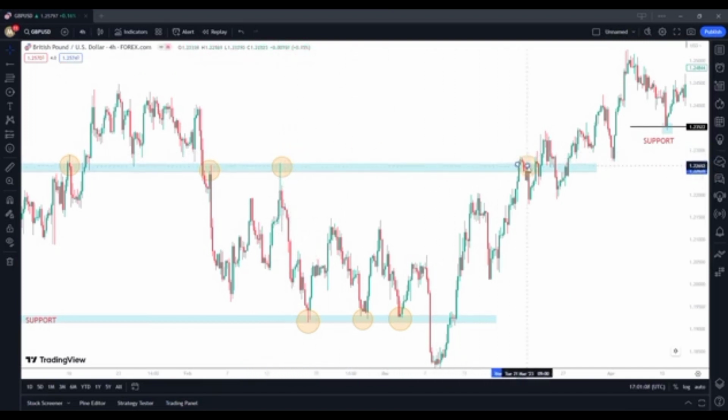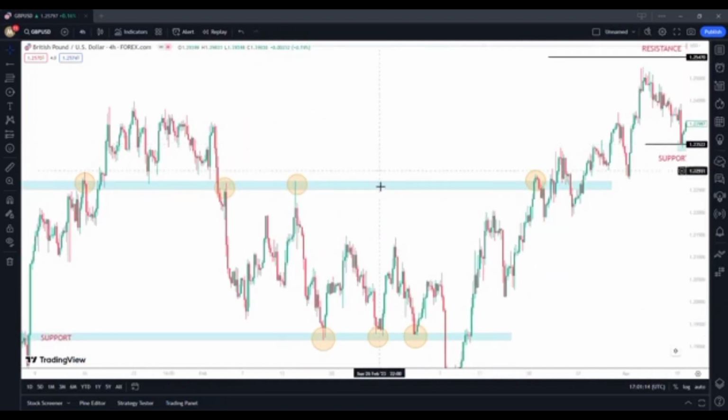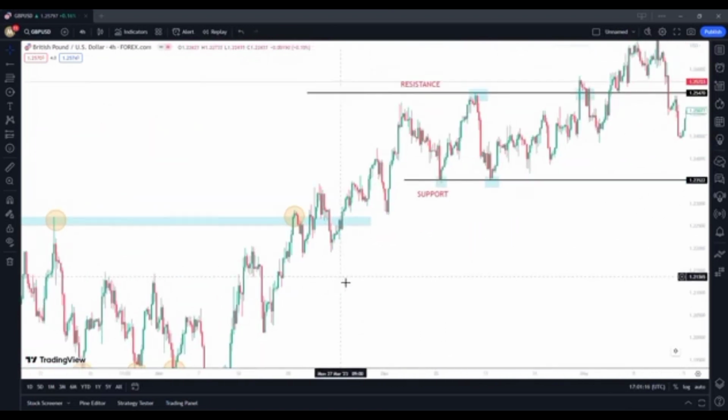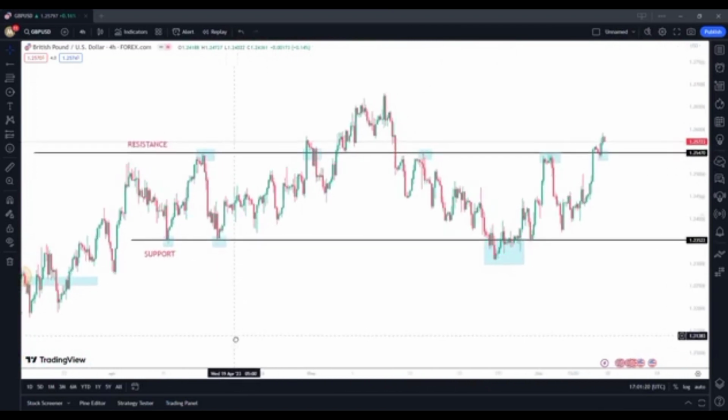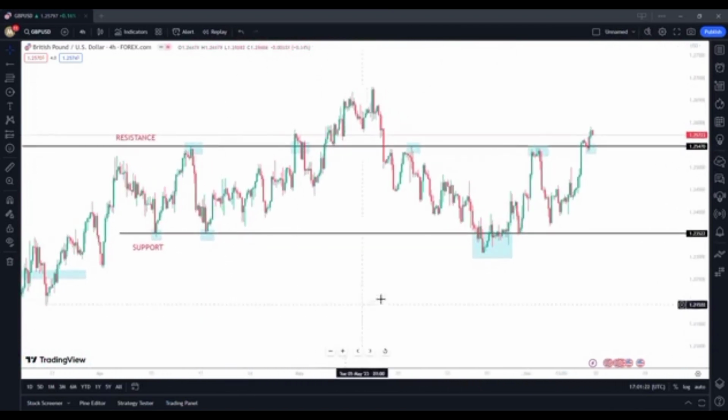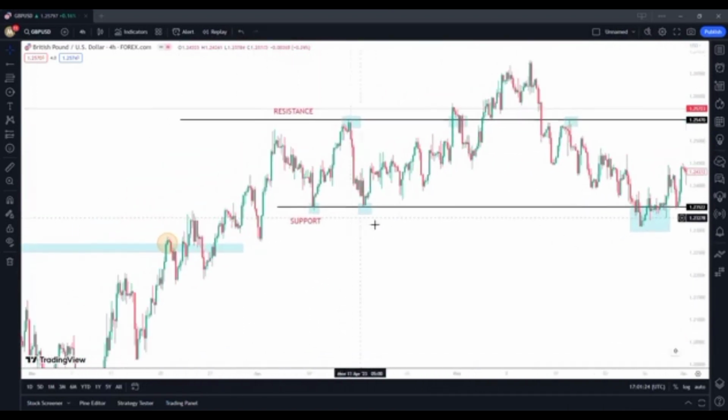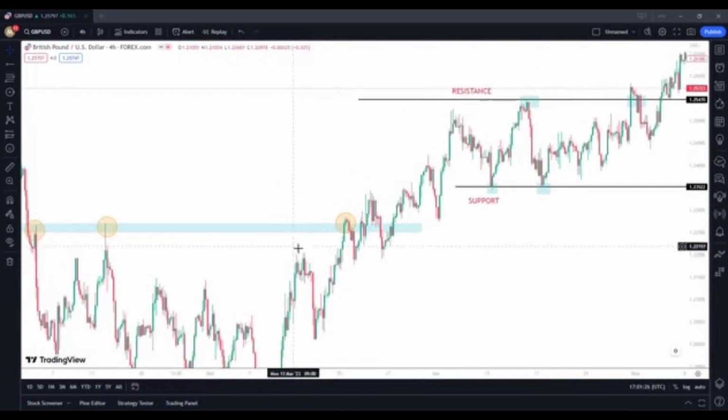These are areas where the market had respected those zones. So we have 1, 2, 3, 4. We have 4 different touches on that particular zone. Are we following now?